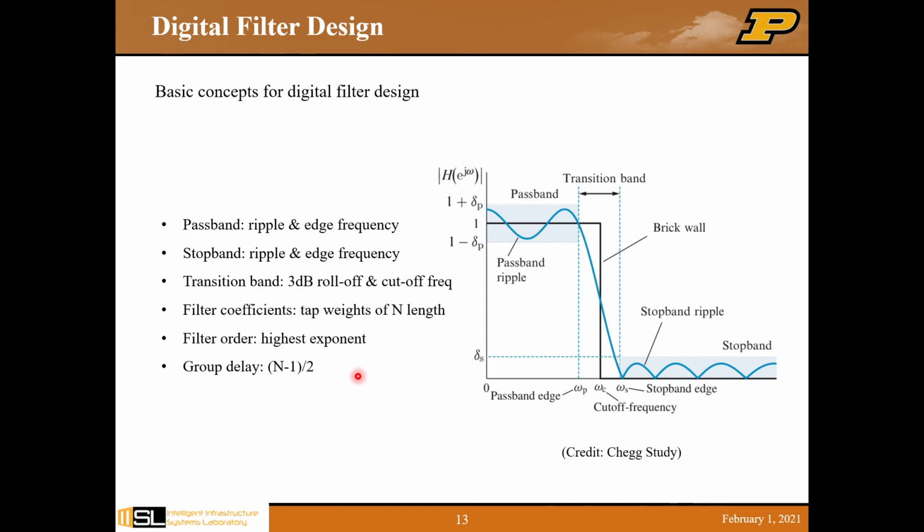The filter order: you can think about the transfer function of the filter and pick the highest exponent, which represents the filter order. In general, the filter order is equal to the filter length minus 1. Usually a digital filter will always have a delay, and the group delay is equal to (N minus 1) divided by 2.